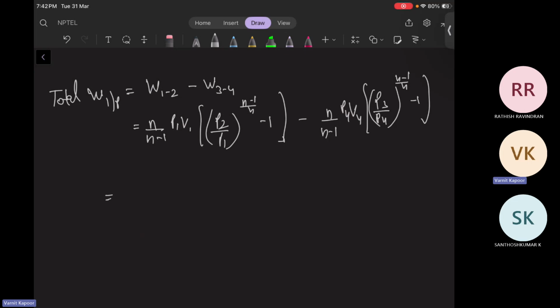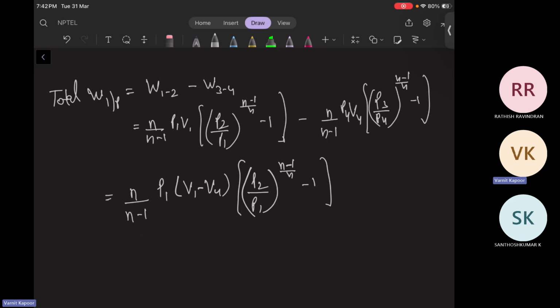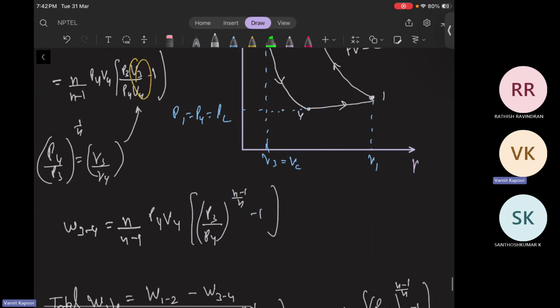So it will be n by n minus 1 times P1 times V1 minus V4, because volumes are not the same, times P2 by P1 to the power of n minus 1 by n, minus 1. And V1 minus V4 was your actual volume, that is your swept volume, as we have seen in the IC engines.